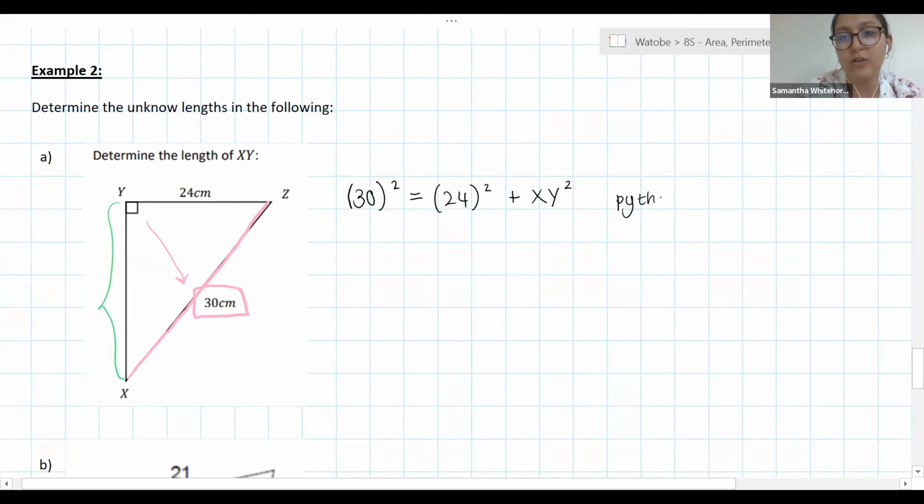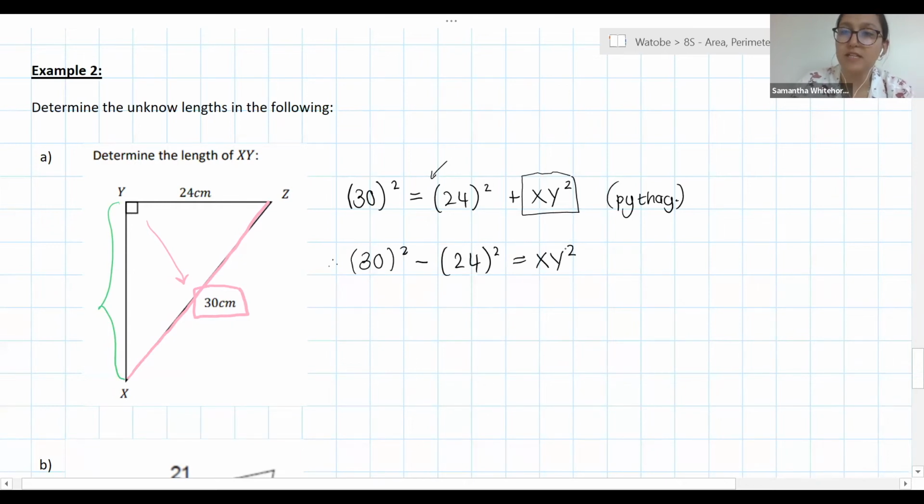Now if I look at the equation I've set up for myself here, I know that I want to essentially isolate this XY squared. Because this is plus 24 squared, if I want to use my inverse operations, I'm going to have 30 squared minus 24 squared on the left, and that will give me XY squared.